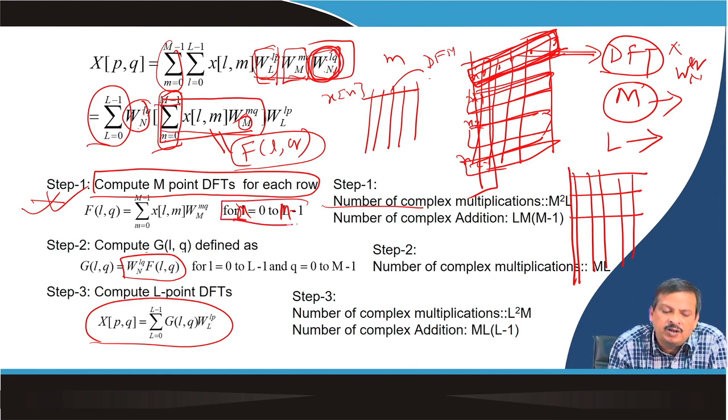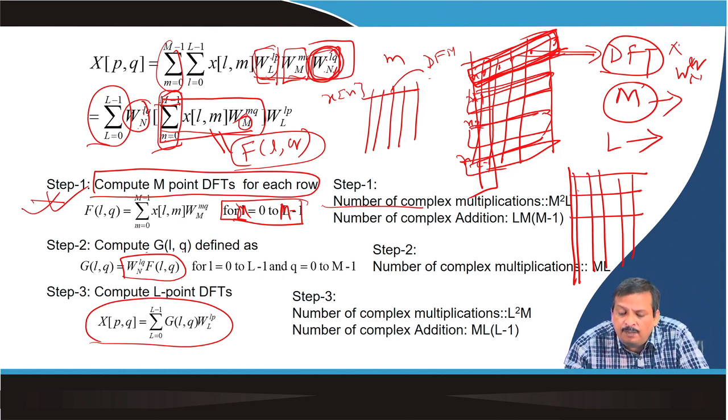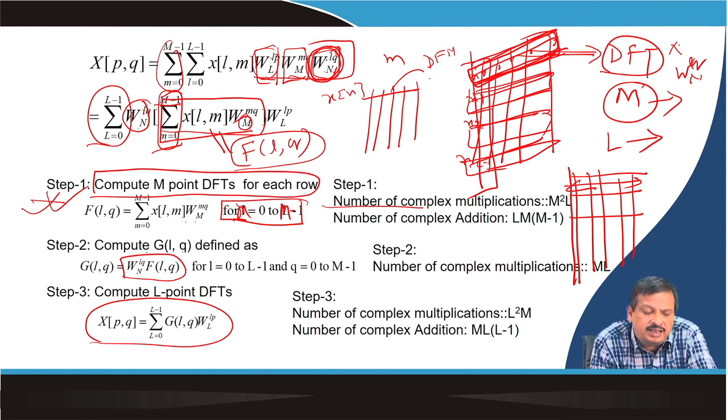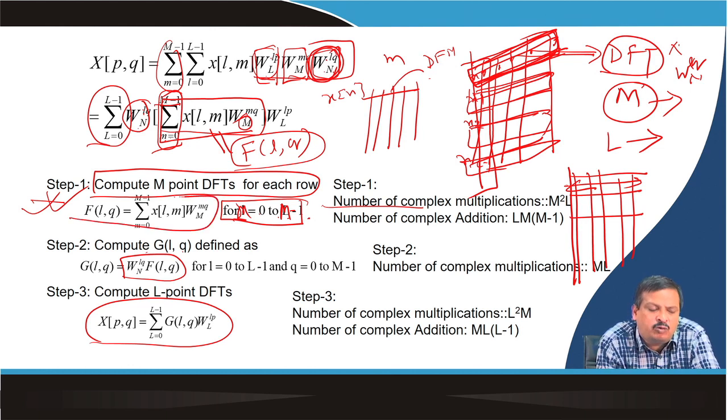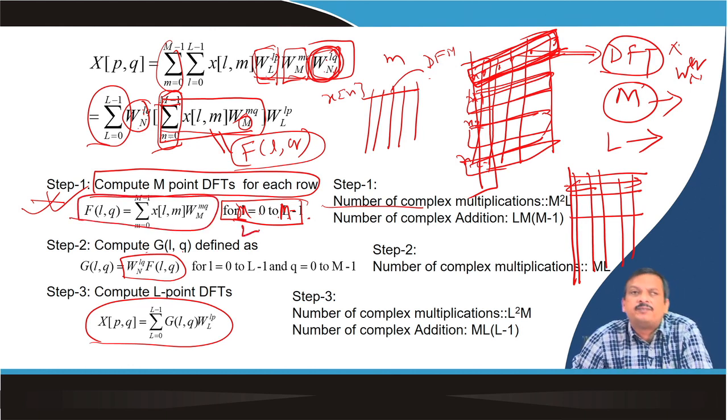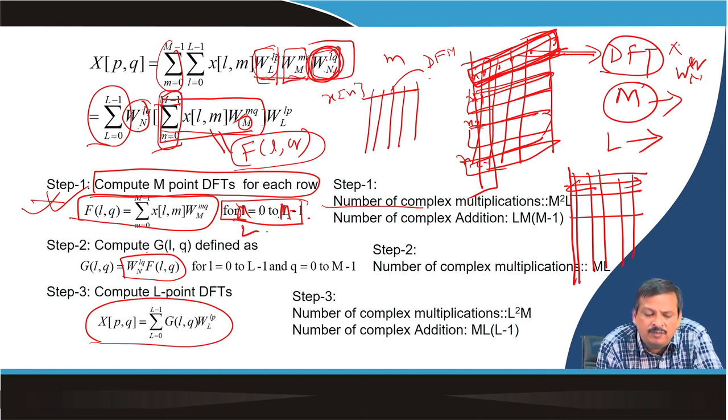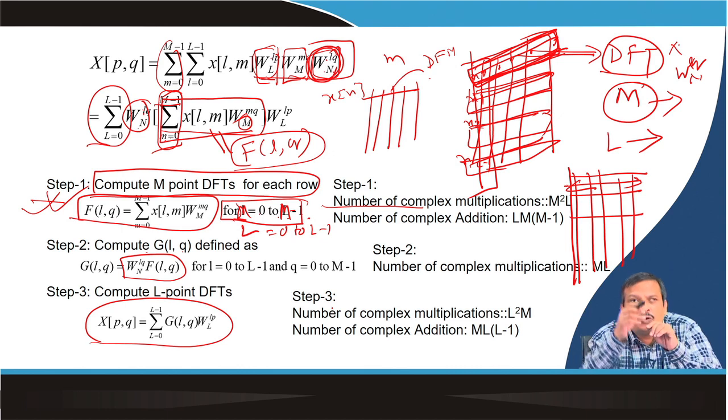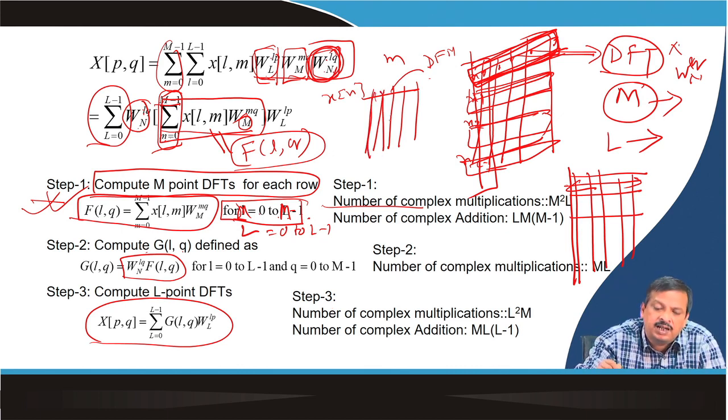So, in the first step we have computed an M point DFT for every row. How many rows are there? Sorry, this DFT is for M equal to 0 to M minus 1. But how many times do I have to compute this DFT? L times, where L varies from 0 to L minus 1. I said I store the data column wise and compute the DFT for each row.